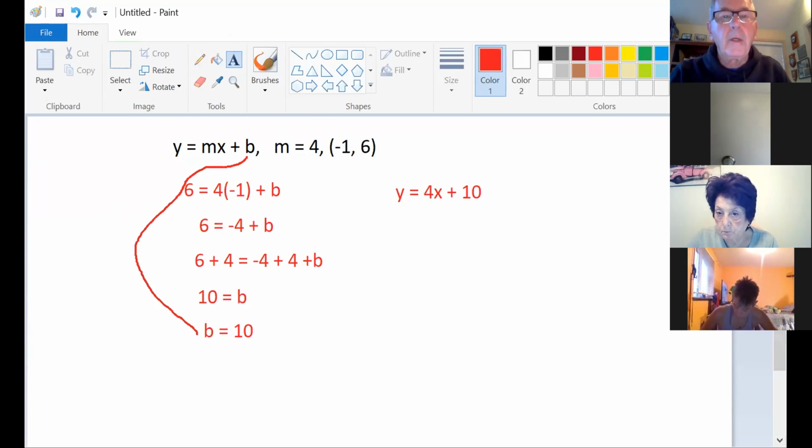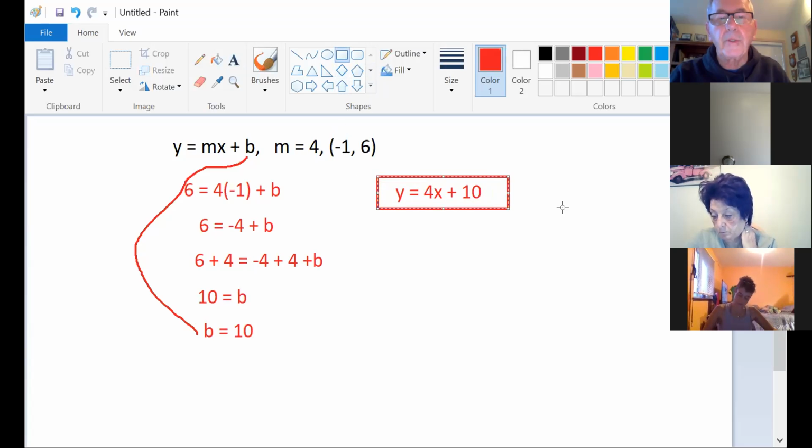Okay, that ends up being my new equation in the slope-intercept form, where this 10 is where it crosses the y-axis. So if you drew this thing, I'm just going to draw it sloppily, but I'll draw it. It just looks like this. Oops, gotta get the right pen here. Okay.